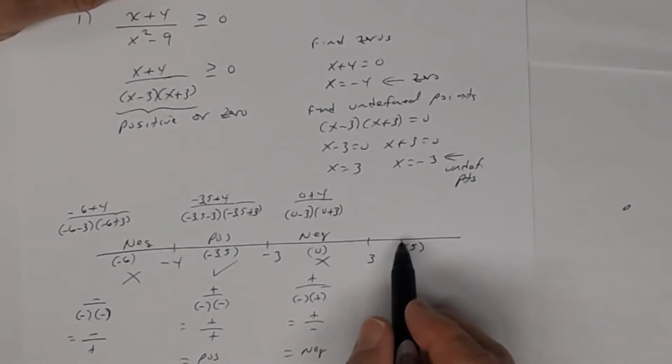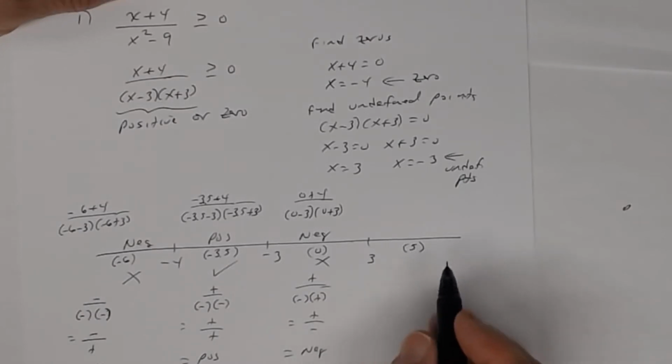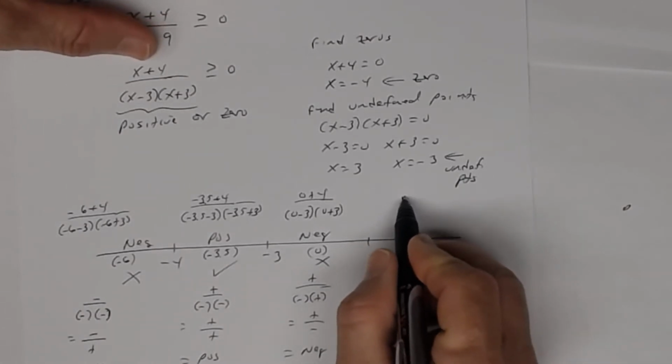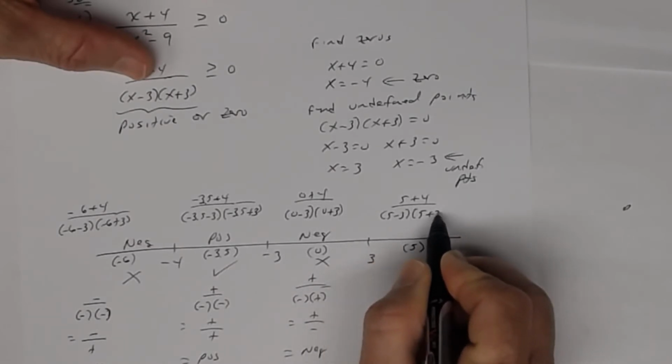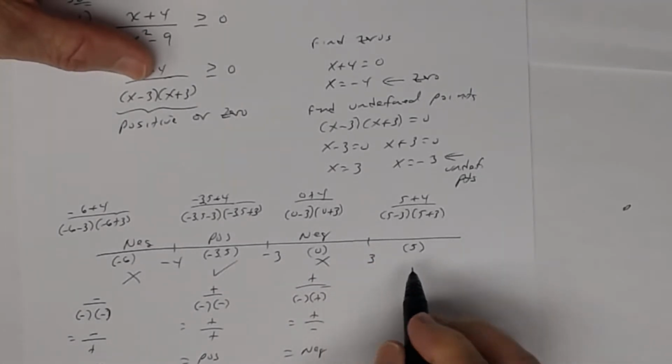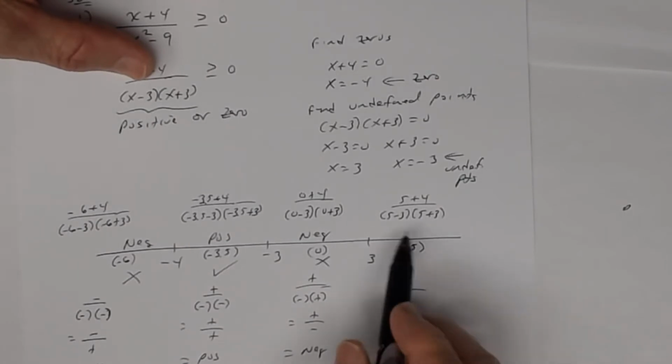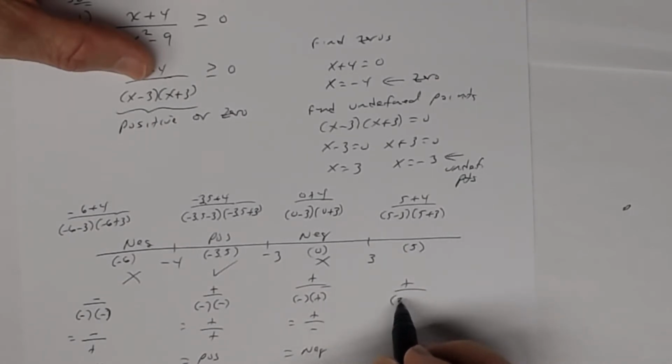And then the last interval, the test point here is 5, so do the same thing. 5 plus 4 divided by 5 minus 3, 5 plus 3. So the numerator, 5 plus 4 is positive, that's a positive 9. 5 minus 3 is positive 2, so that's positive, put positive here. And then 5 plus 3 is 8, and that's positive.